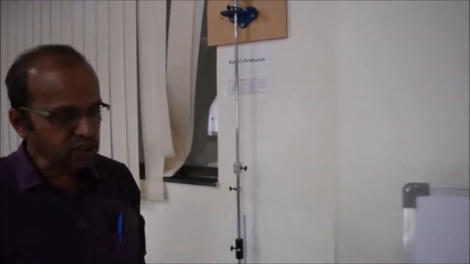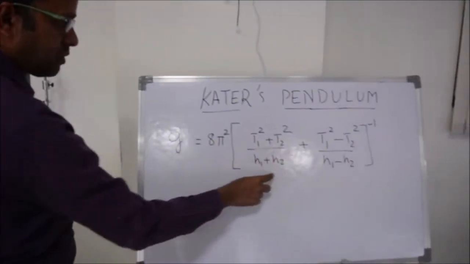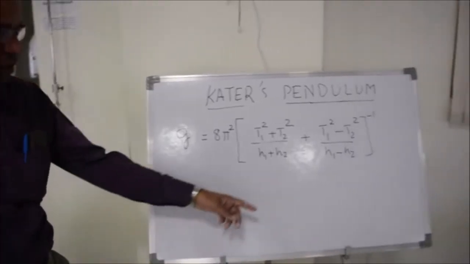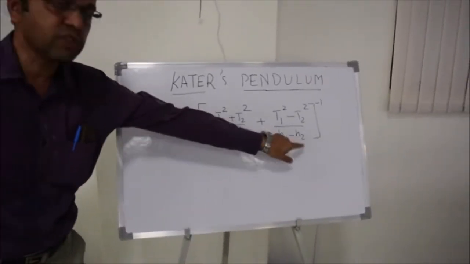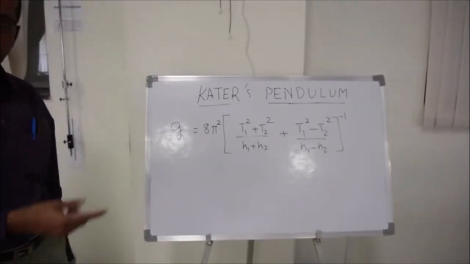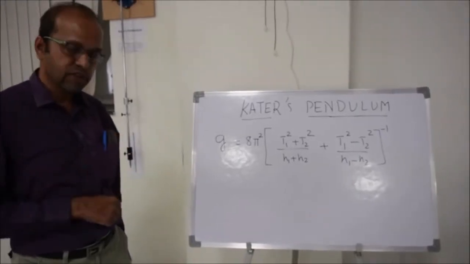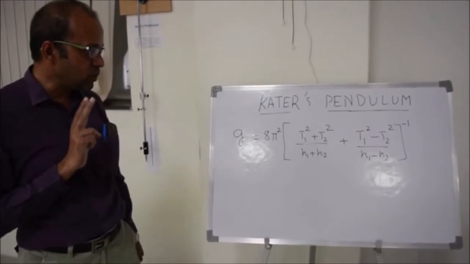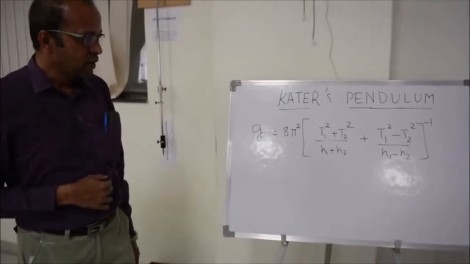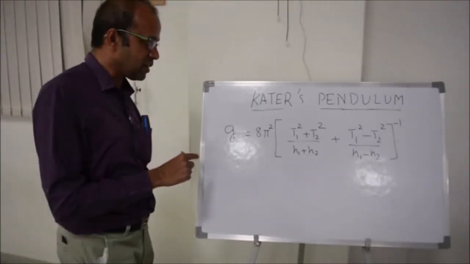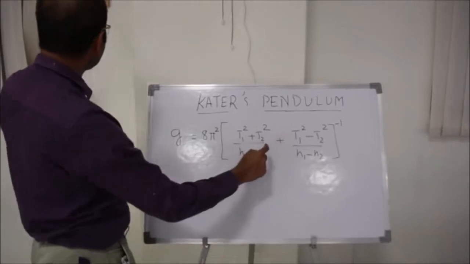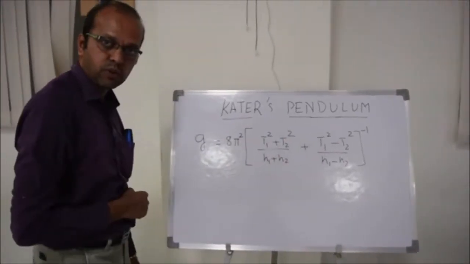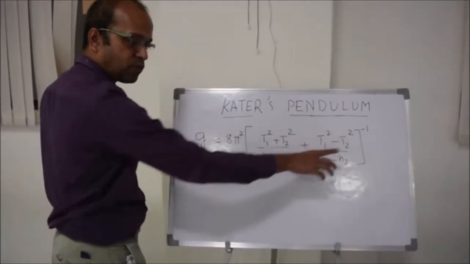Now it's very easy to know h1 plus h2. It is simply the distance between the knife edges. But this expression also involves h1 minus h2, which you will not know unless you determine the location of the center of mass. So there are two ways of doing this experiment beyond this point. One uses the fact that, suppose I adjust the position of the knife edges and t1 becomes equal to t2, then this entire term drops out.